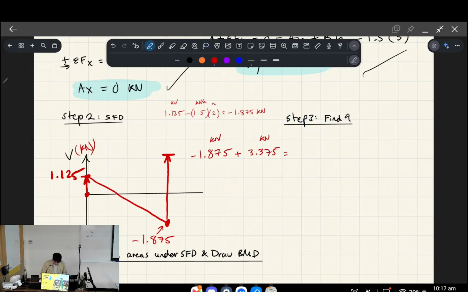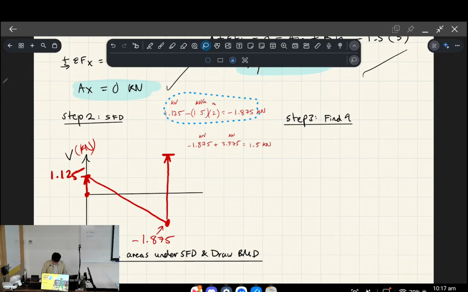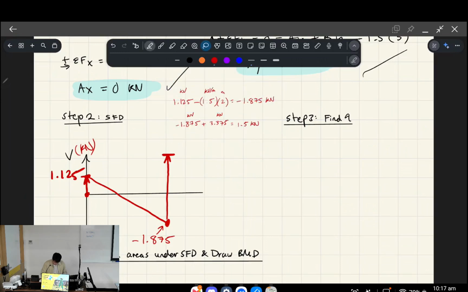Which is going to give us 1.5 kilonewtons, okay? So that's the next line of working out that I would do. To here, okay? So that's 1.5.